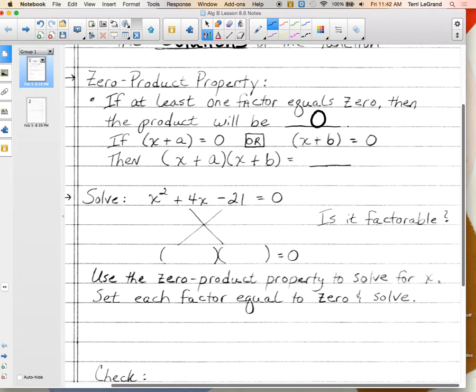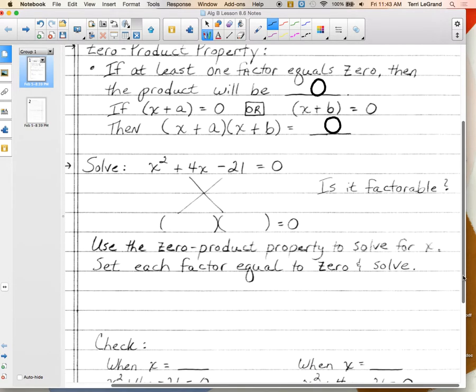If one of them equals 0, then when you multiply those binomials times each other, which we did back in chapter 7 also, we FOILed, we rectangled, we did it vertically, horizontally, what's their product going to be? It's going to be 0. If one of the factors is 0, the product will be 0. And that's going to be important to us for solving by factoring.